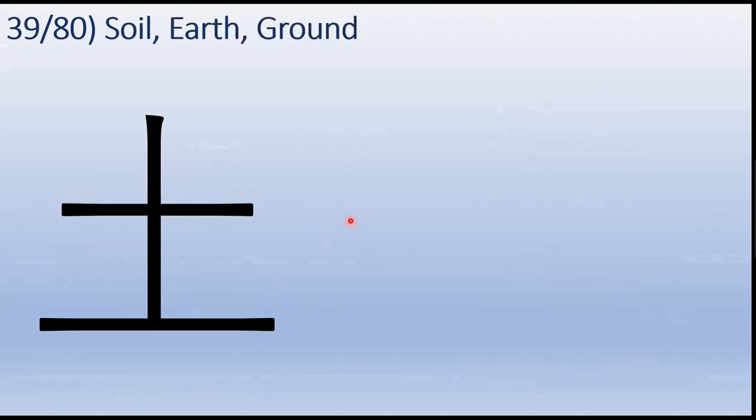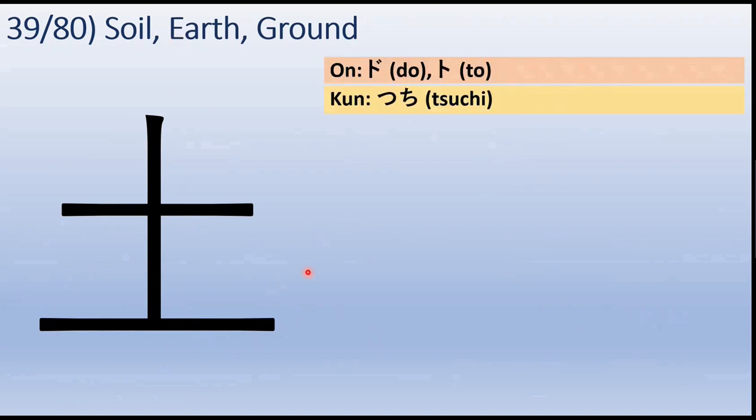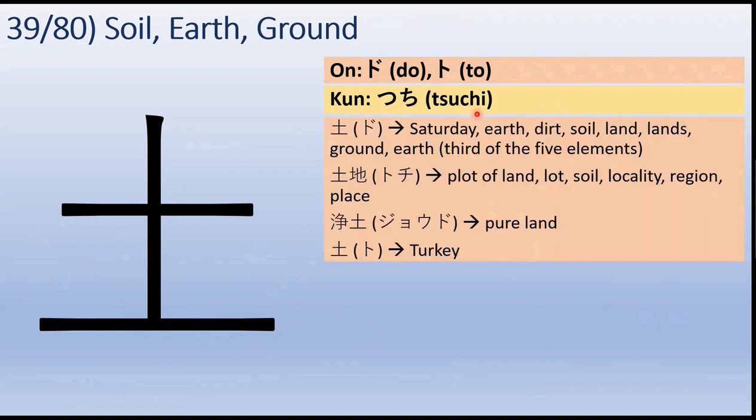The 39th kanji of this series is of soil, earth, or ground. The on reading is do or to. The kun reading is tsuchi. So the usage in onyomi is do for Saturday. It may represent earth, dirt, soil, land or lands, ground, and earth, again, the third of the five elements.